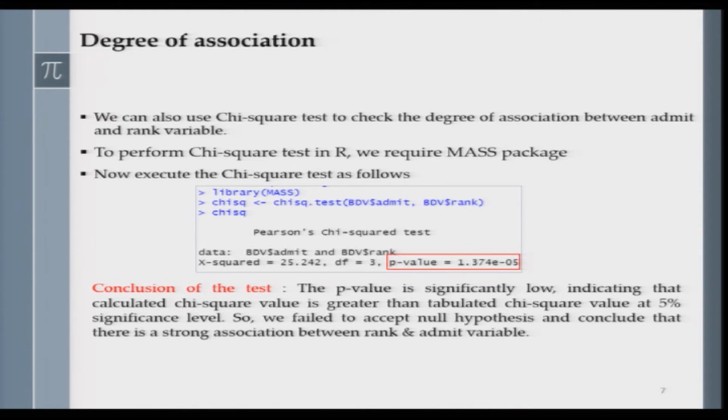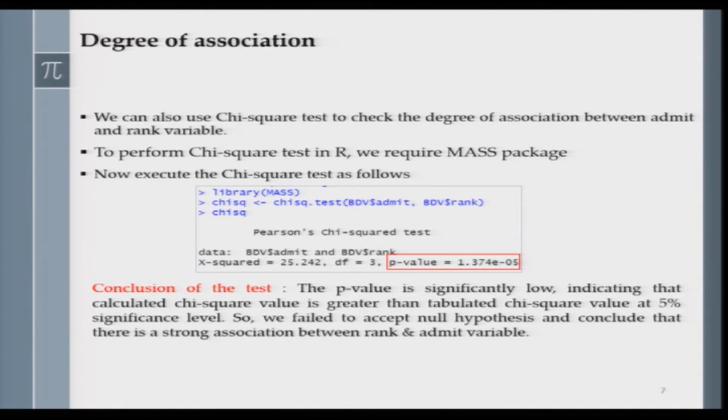Again, I am showing you the library command that you write to first check whether that MASS package is properly registered in the R environment or not, and once you have a look at it, then you can go for the chi-square test. The chi-square test is conducted by writing this simple chisq command, and here is the outcome.